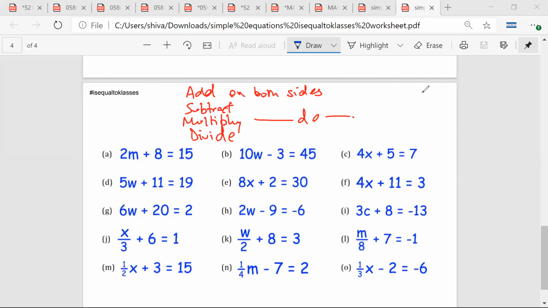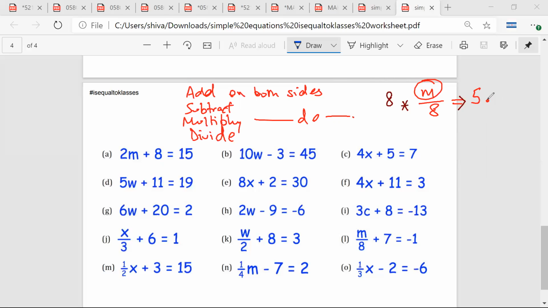Yes, sir. So for example, if I have m by 8 is equal to 5, how will I calculate the value of m?